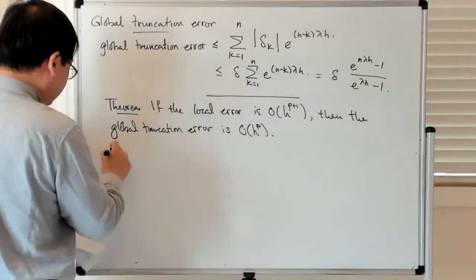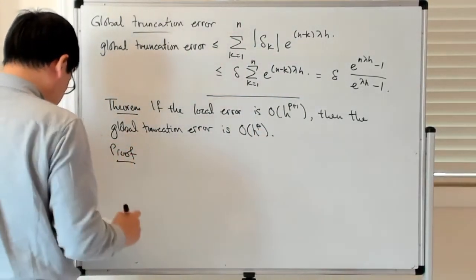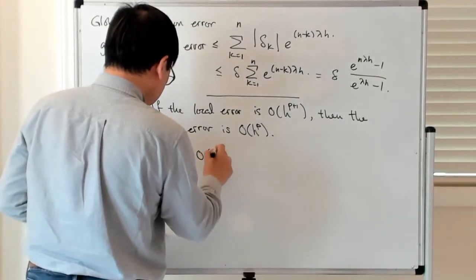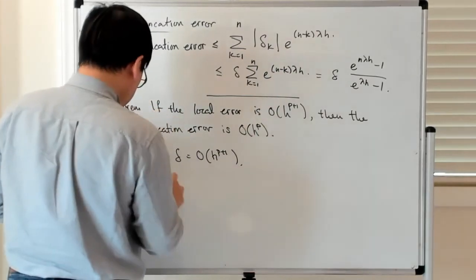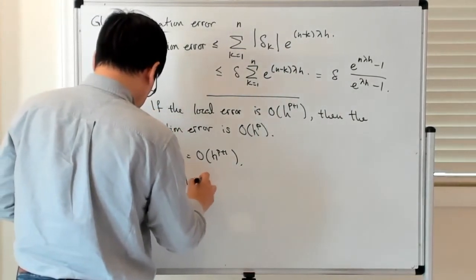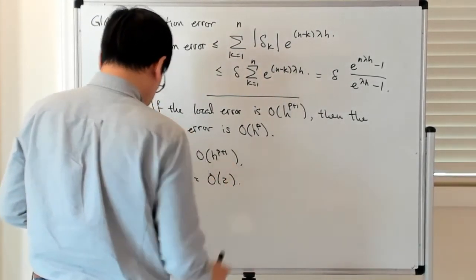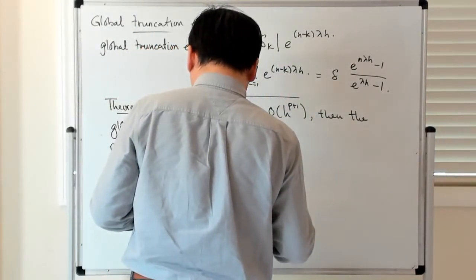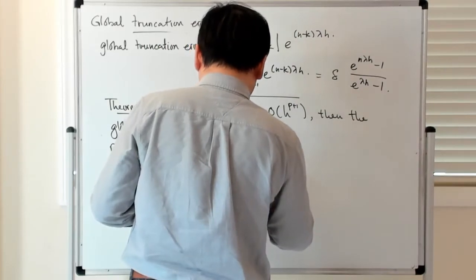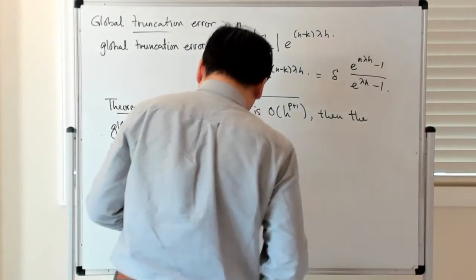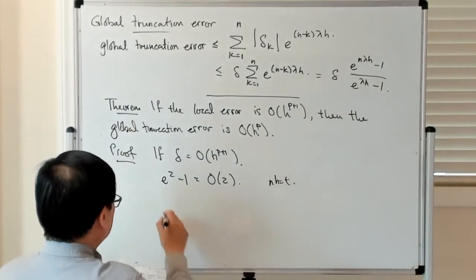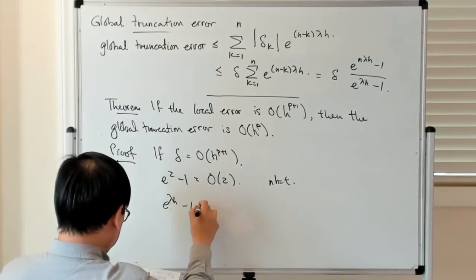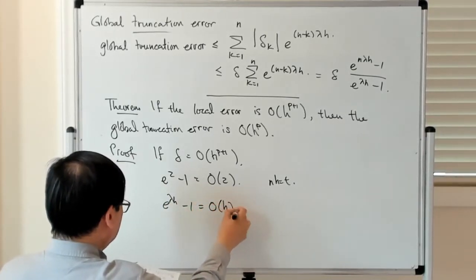Okay, and the proof is that, right, if delta is big O of h to the p plus 1, e to the z minus 1 is big O of z, where n times h is equal to t. Right, then e to the lambda h minus 1 is big O of h.